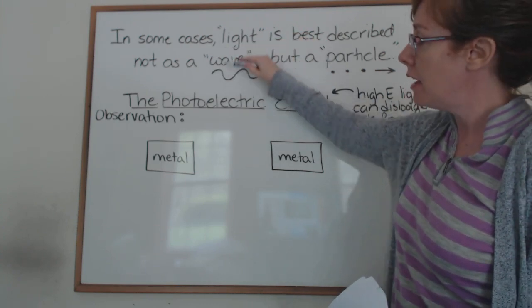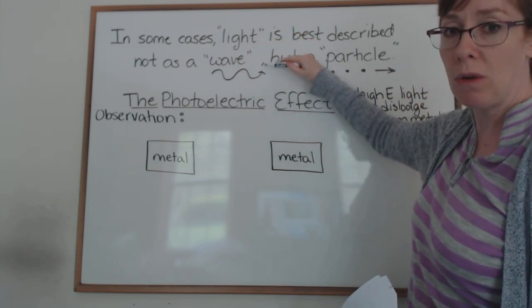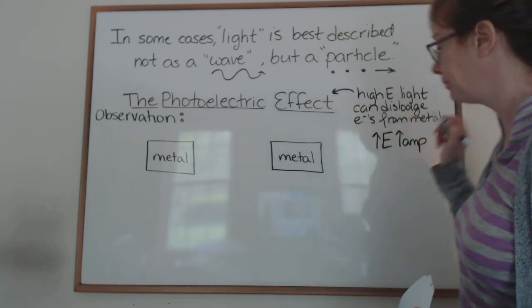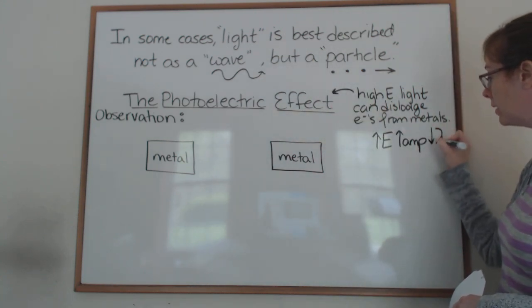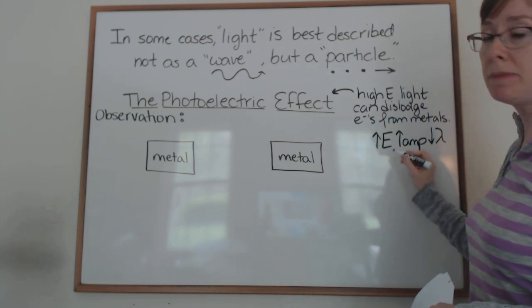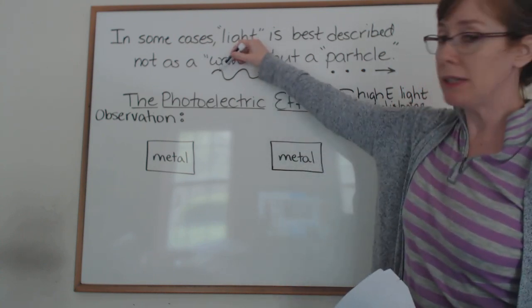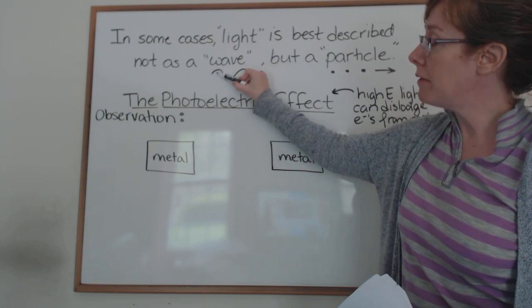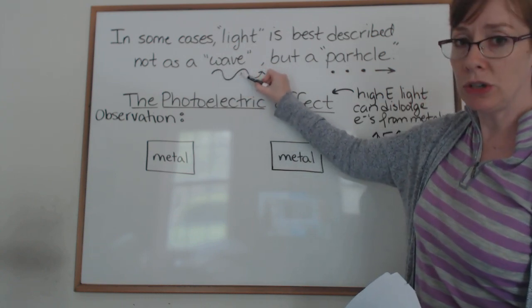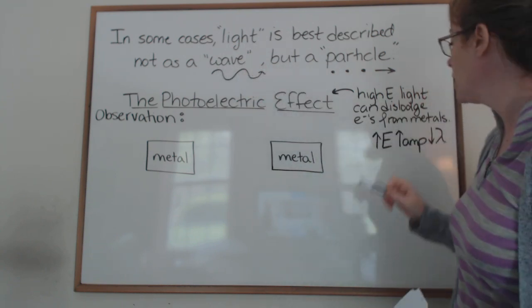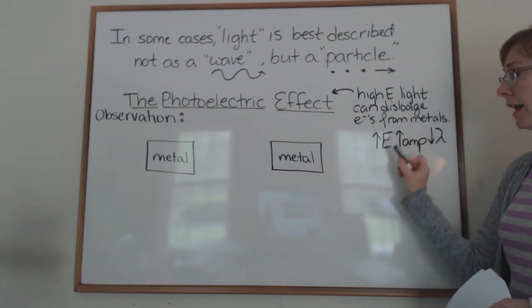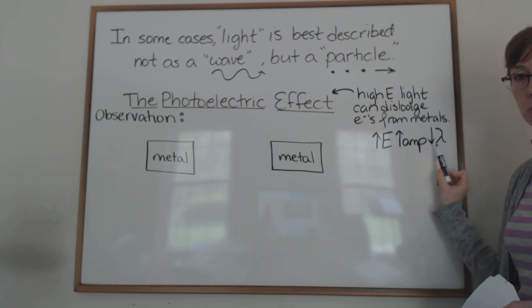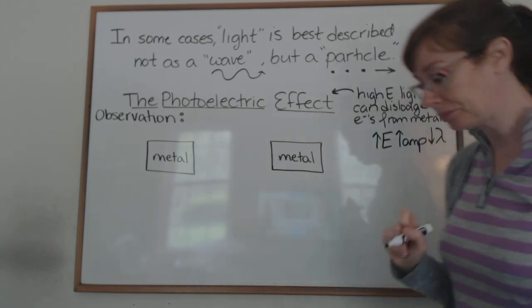Amplitude should be one way to get high energy light. Or short wavelengths. That's another method. Maybe your amplitude stays small, but if you have very short wavelengths, you should also get high energy light. This is fundamental to understanding the photoelectric effect: high energy should be accomplished through amplitude being large or wavelength being small.